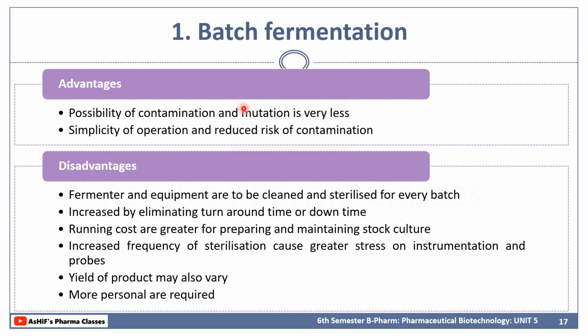We will not open the fermenter till the nutrient is exhausted. And this is a very simple method of fermentation, because we need a closed system, and we will add the nutrient as well as microorganism at the initial stage, and we will wait till the reaction is over, and then we will open. So there is no complexity in this kind of fermentation process.